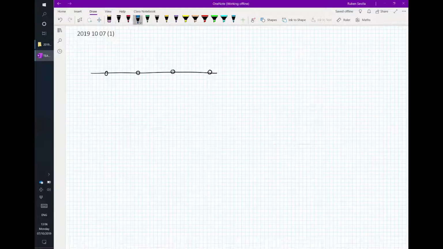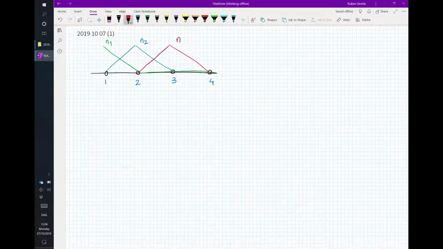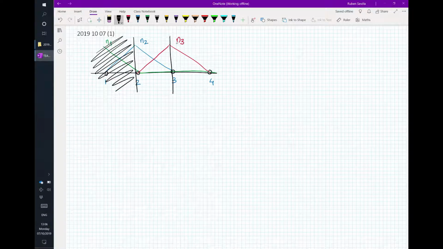And I have, remember, for each one of the nodes, I have one shape function, okay? Like that. This is N2. This is N1. This is, and I'm going to stop in here, N3. And the only thing I'm saying is focus in one element. That means, for example, this element here, forget about this, forget about that.